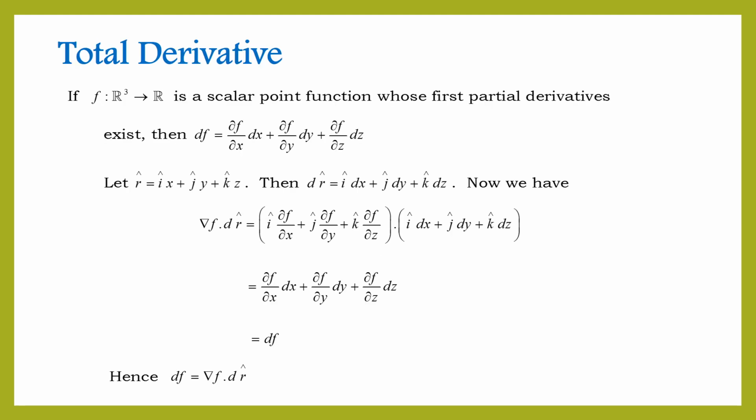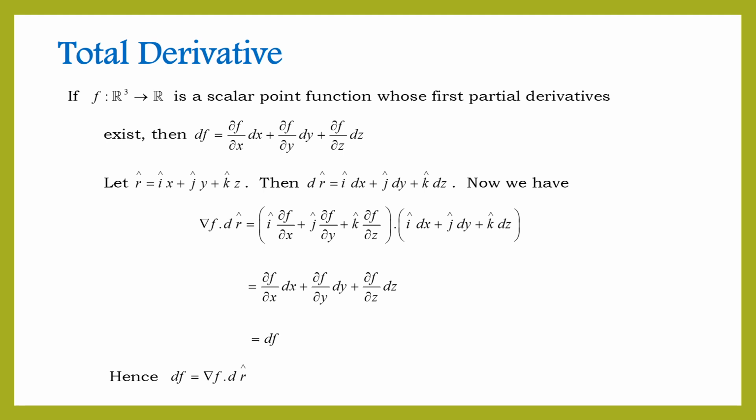Now we require total derivative formula to use it in our further work. Here, let us consider a scalar point function f defined on R3. So here, f is a function from R3 to the real line R.